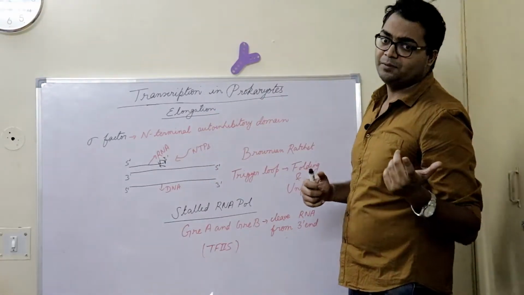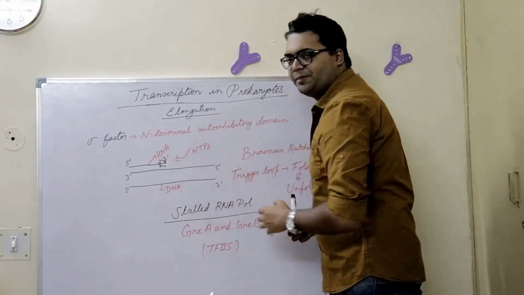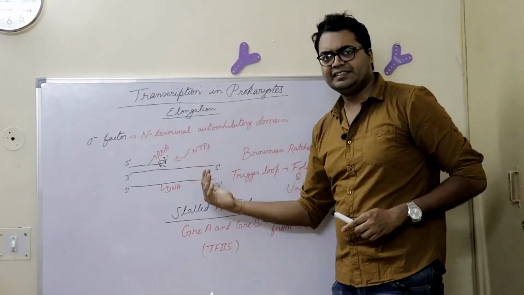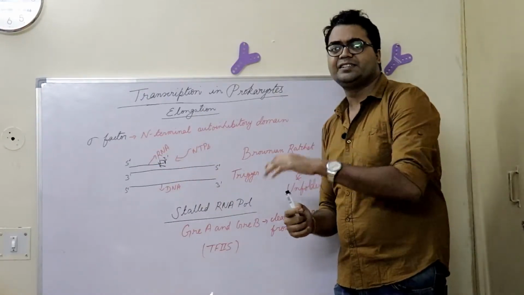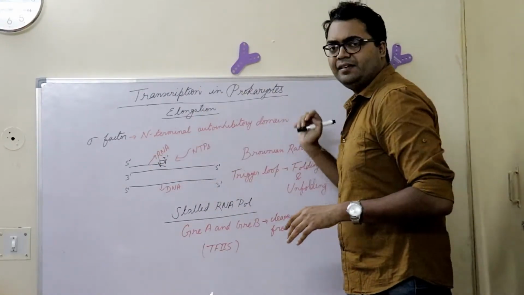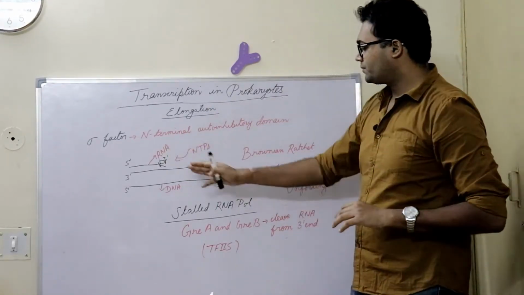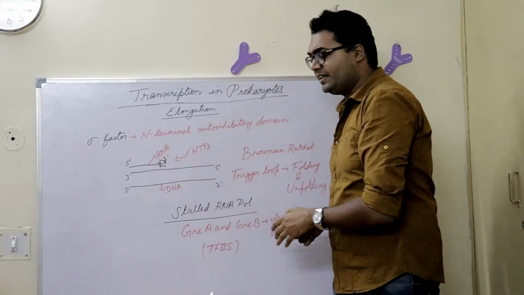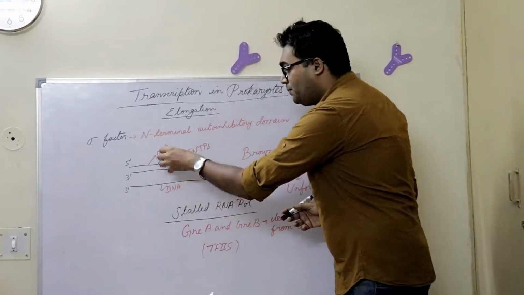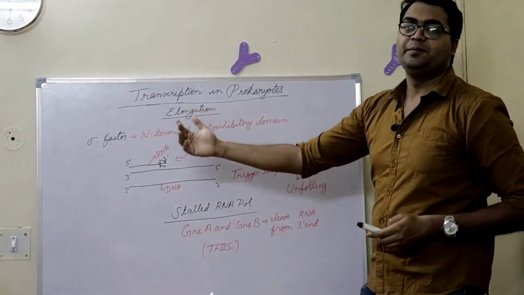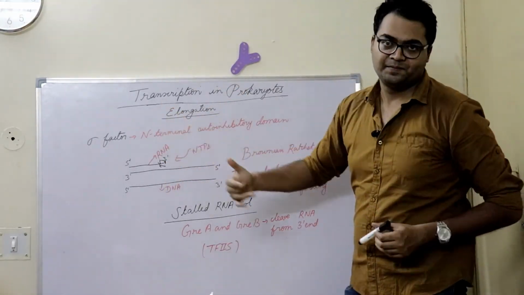Then it initiates its trimming mechanism, and when it reaches the very vicinity of the RNA polymerase, it switches off its activity. It then releases itself. And now the RNA polymerase again gets itself placed at the 3' OH terminal end, and the synthesis of the mRNA molecule initiates again, right?